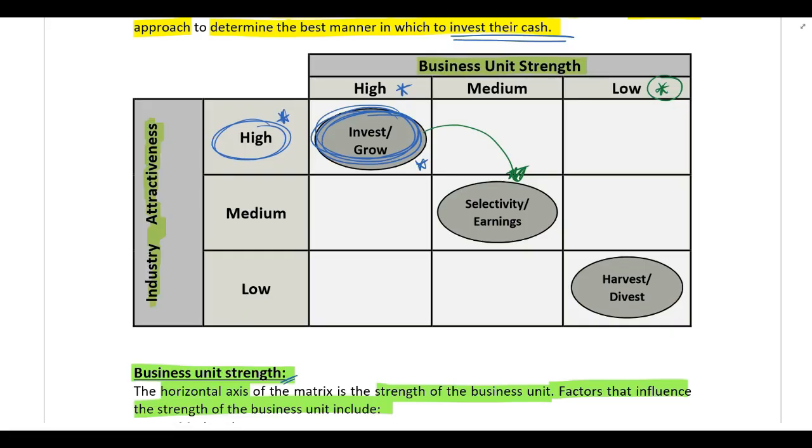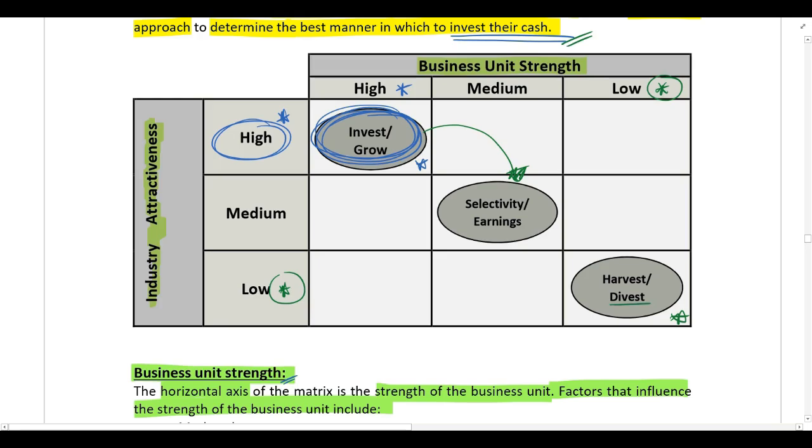In addition to that, if the industry attractiveness is also low, meaning that the market size is quite small, the market isn't really growing very much, and the industry is not very profitable, then we are dealing with low industry attractiveness. So if the business unit strength is low and the industry attractiveness is also low, then companies should obviously not be investing cash in those business units.